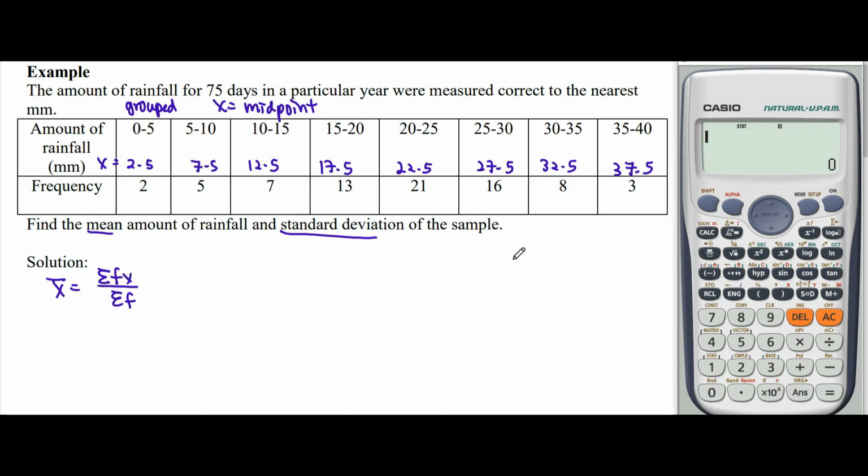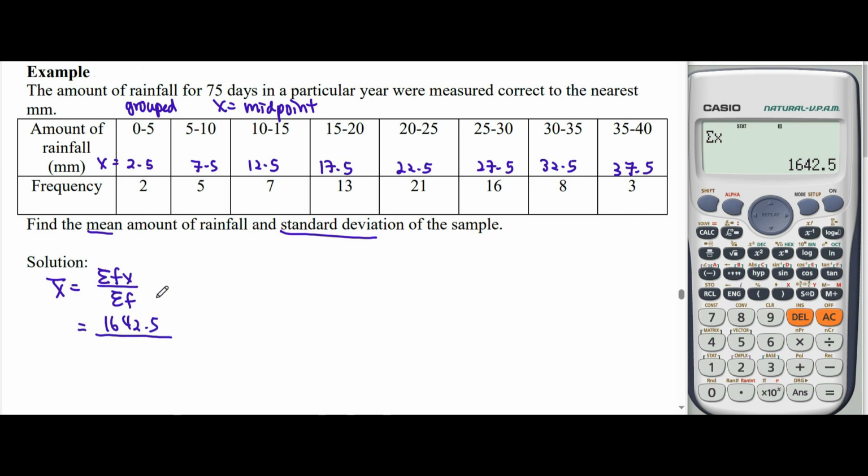Now we need to find out what is our reading for summation of x and summation of fx. So you put option, or in this calculator I will put shift 1 to find the command of sum. So I need sum of x. Therefore we will get 1642.5.